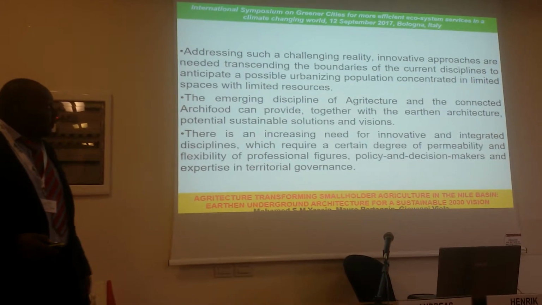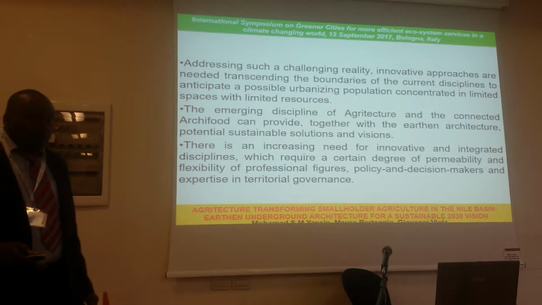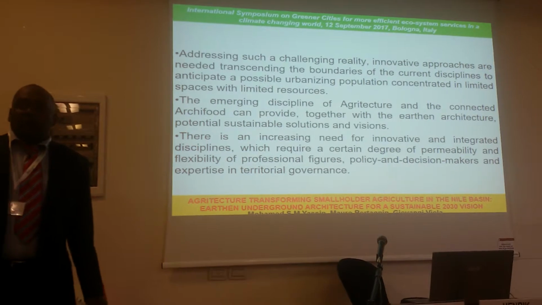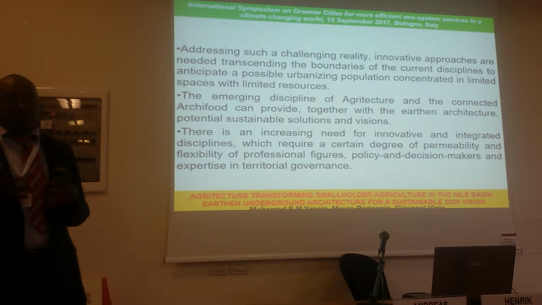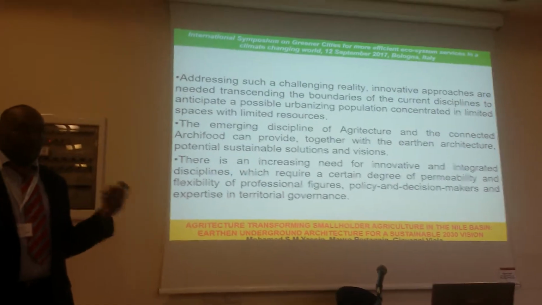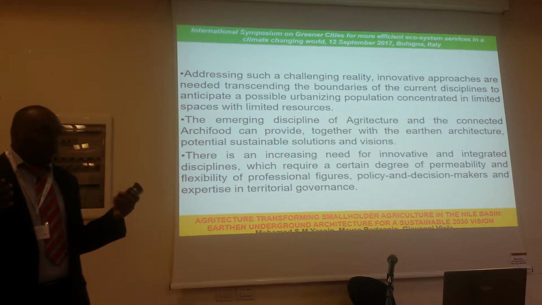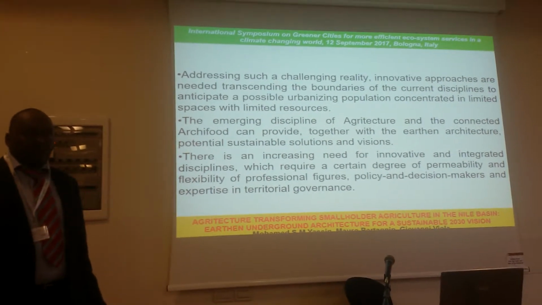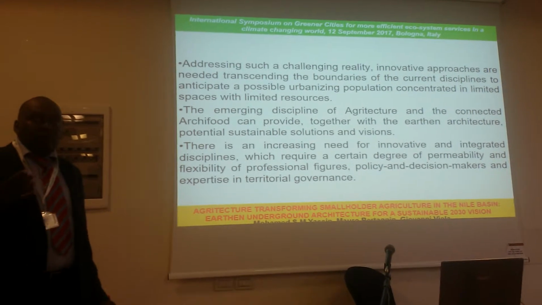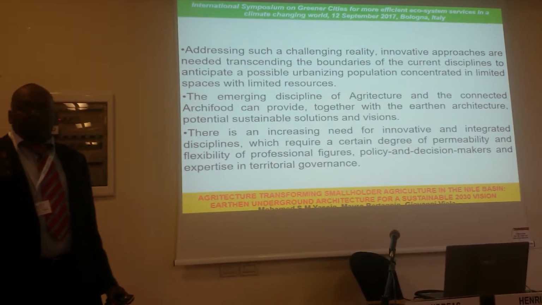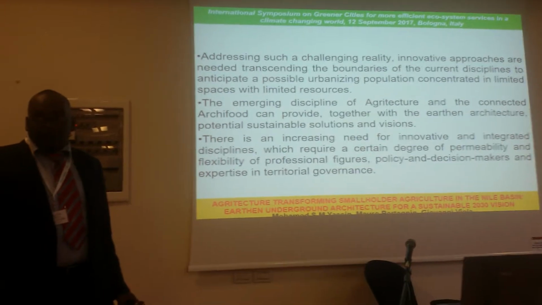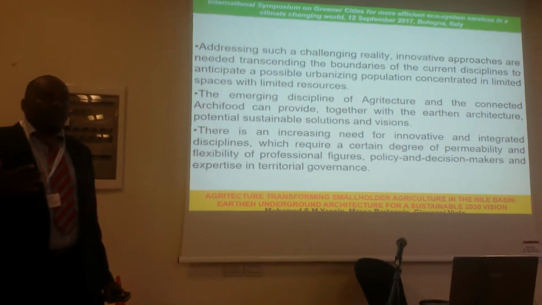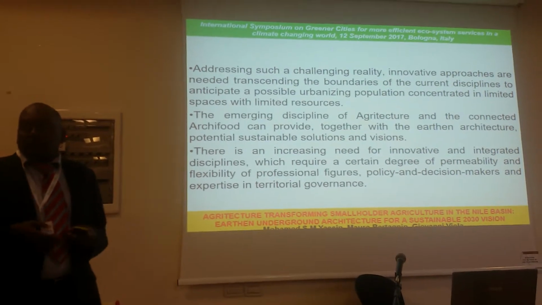So these are the focal points which we have thought about, and combining all of this, creating this marriage between agriculture and architecture, we thought about agritecture as a solution which could be implemented in those territories, because with the strong rural-urban migration, people need to secure their food and nutrition, and they will be challenged by finding suitable territories, suitable environments to cultivate their land.